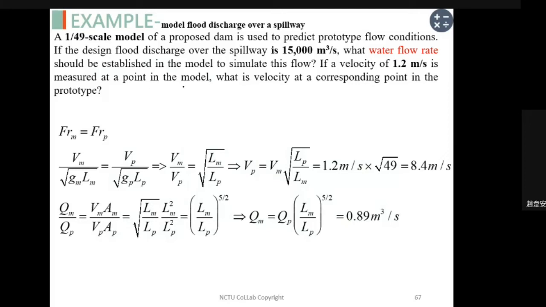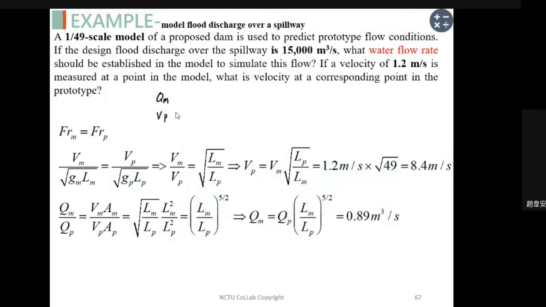Our unknown parameter is Qm. If the velocity measured at a point in the model is 1.2 meters per second, what is the velocity at the corresponding point in the prototype? So we would like to answer for the prototype velocity.